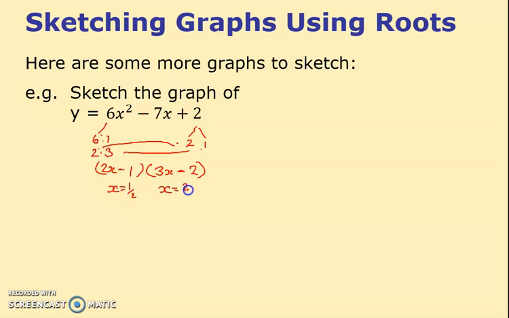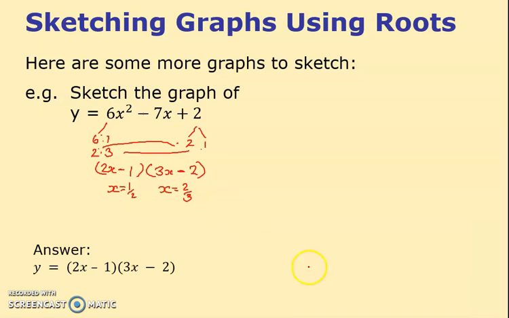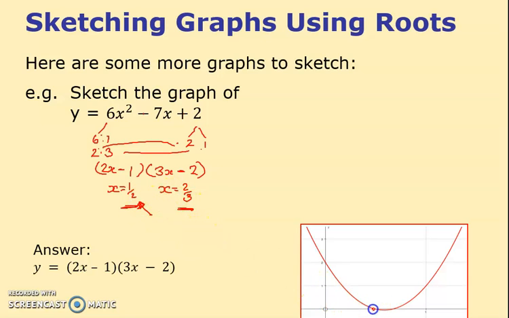Therefore it crosses at x equals a half and x equals 2/3. Now where's my graph going to show? Now this is actually quite hard to know which one's bigger. Actually, I do know this is smaller: half is definitely smaller than 2/3. So there's 2 places this is going to cross the x-axis, and notice here they are. Notice I draw a U shape.